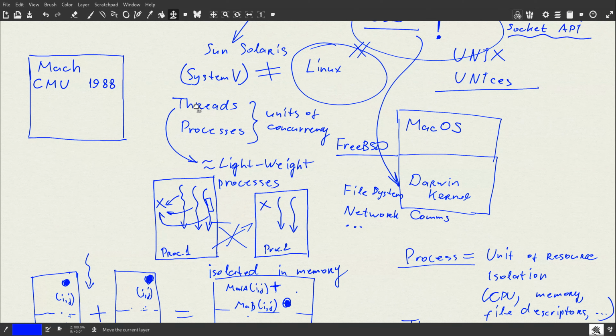In Mach. In the Mach operating system, in BSD Unix, as we said, first socket API, in the Mach operating system, first threads.